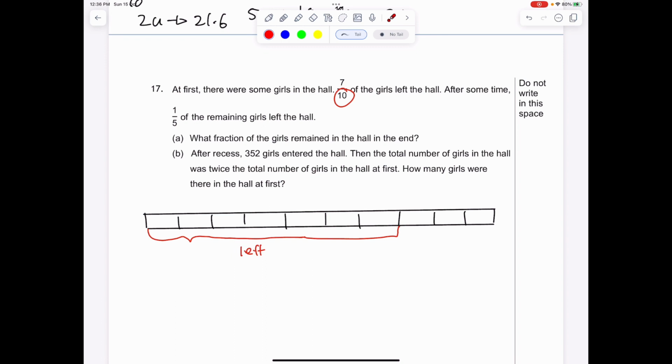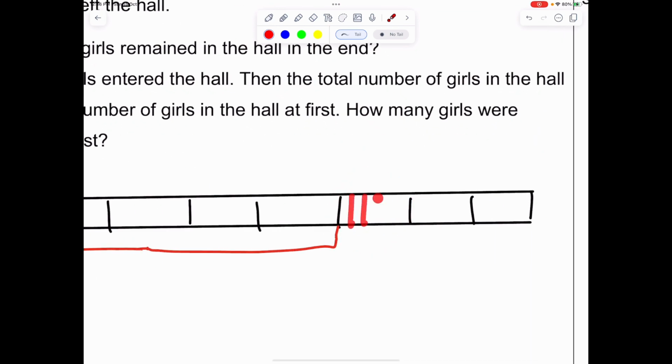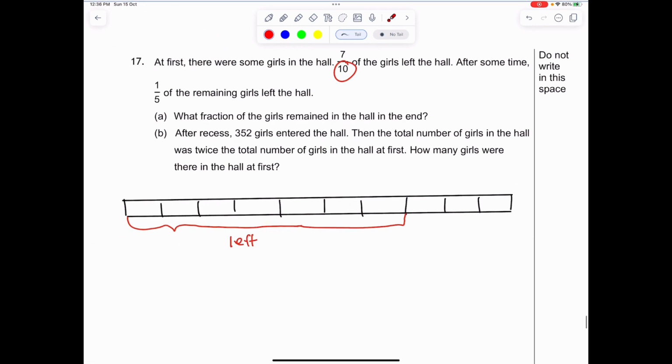We know that between 5 and 3, the smallest common multiple is actually 15. So what we're going to have to do is take each one unit and divide it into 5, right? But for us to draw 5 will be very tedious.